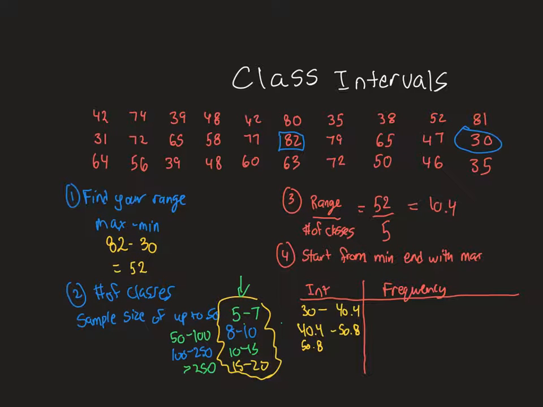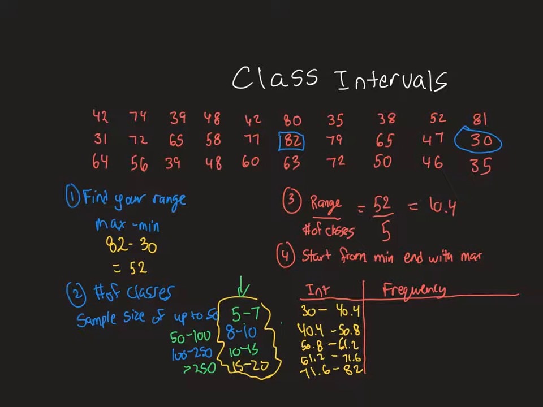You're going to add 10.4 to it, which is 61.2. Add 10.4 to it, 71.6. And then add 10.4 to it. Gives me 82. And you'll notice 82 is my max. That is what I end with. So I am great. So let's get our frequency.